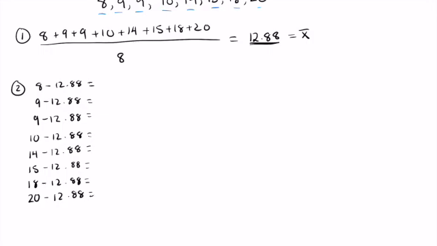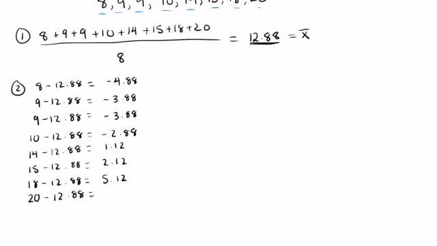When I do 8 minus 12.88, that gives me negative 4.88. 9 minus 12.88 gives me negative 3.88. 9 minus 12.88 again gives me negative 3.88. 10 minus 12.88 gives me negative 2.88. 14 minus 12.88 gives me positive 1.12. 15 minus 12.88 gives me 2.12. 18 minus 12.88 gives me 5.12.